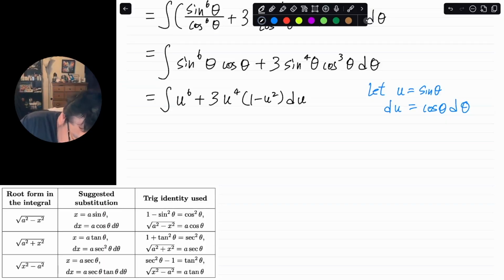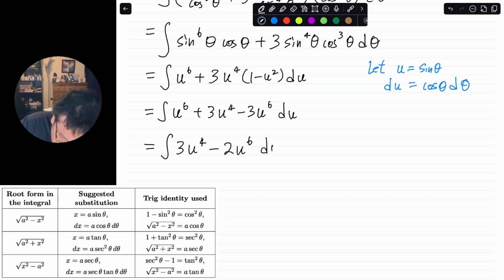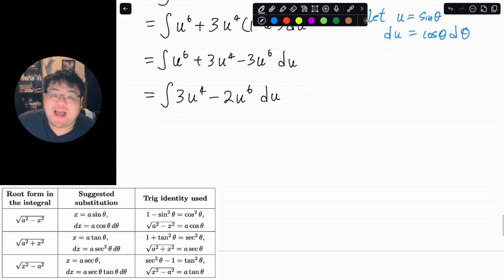Now we can FOIL out the terms, and further simplify to 3u to the 4th minus 2u to the 6th du. Now I know how to integrate this.